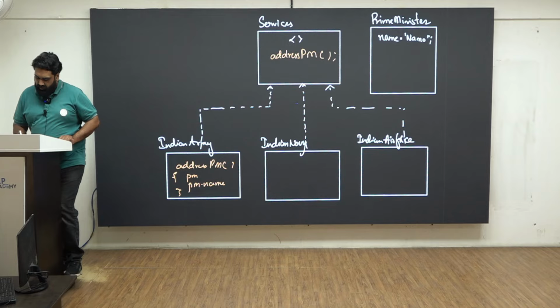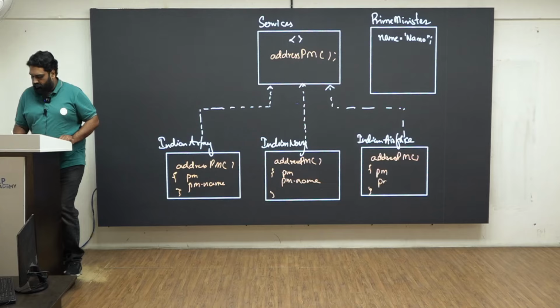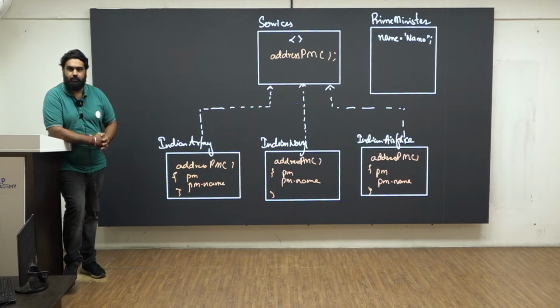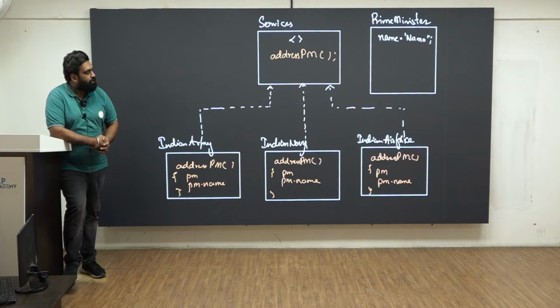In the same way, Indian Navy will also address the PM: it will create an object of PM and then display PM dot name. In the same way, the addressPM method in Indian Air Force will create an object of PM and display PM dot name. The code is very simple, looks very simple. Yes or no? Let me write this code and execute it.